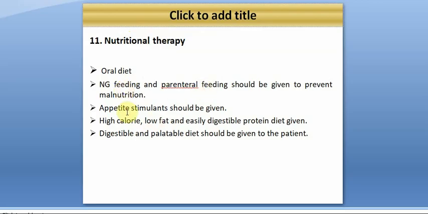Then you can give appetite stimulants for the patient so that they will not have anorexia, because most of the time when the patient is taking the treatment, they will complain of nausea, vomiting or anorexia. So you can give these appetite stimulants. Other than that, you can start a high calorie diet, high protein diet, and low fat diet. See that the diet is easily digestible and palatable for the patient.